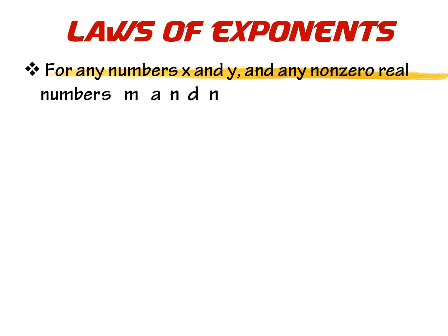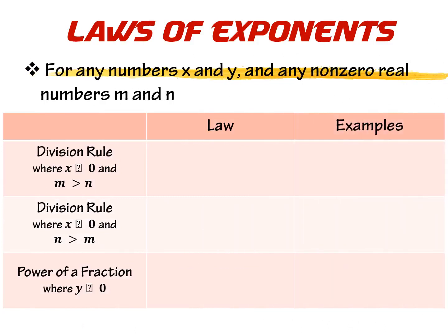Okay, this time let's have the division rule. So let's have first x raised to m divided by x raised to n, that will be equal to x raised to m minus n. So we simply subtract the exponents, if the exponent in the numerator, which is m, is greater than the exponent in the denominator n.